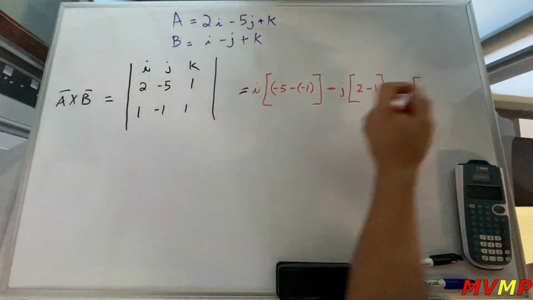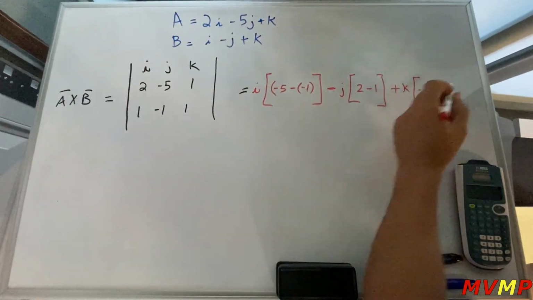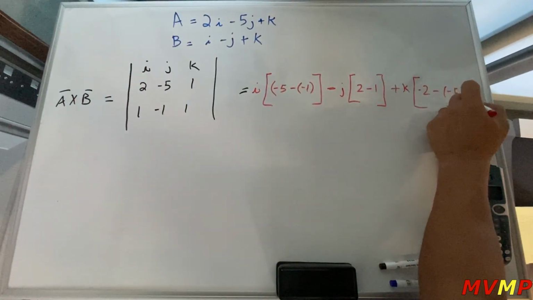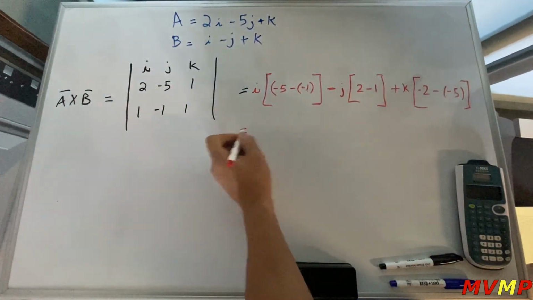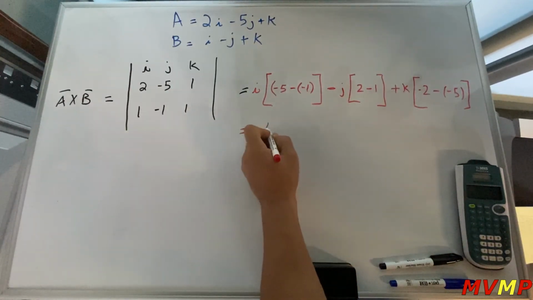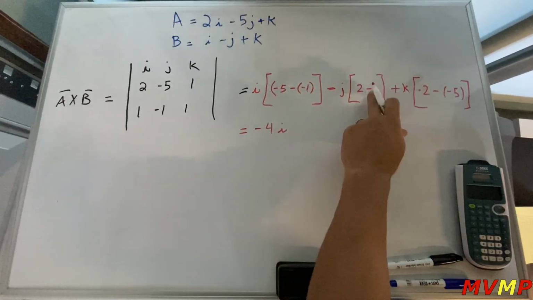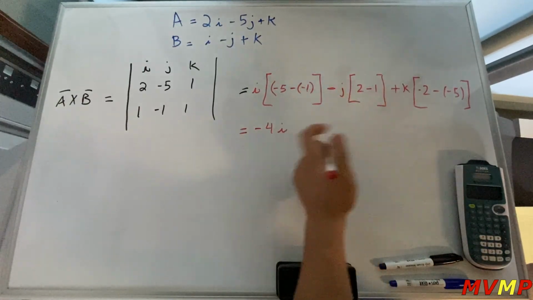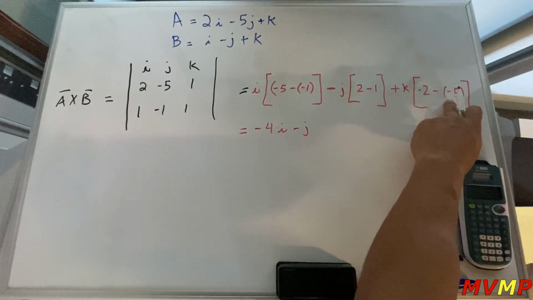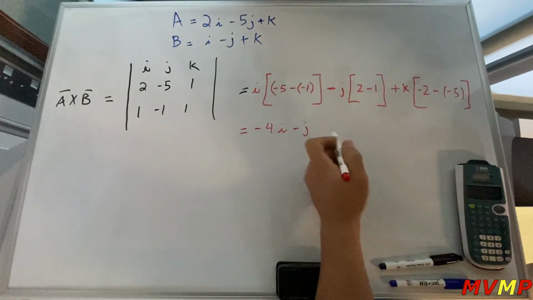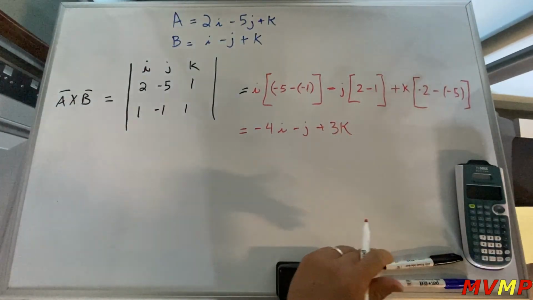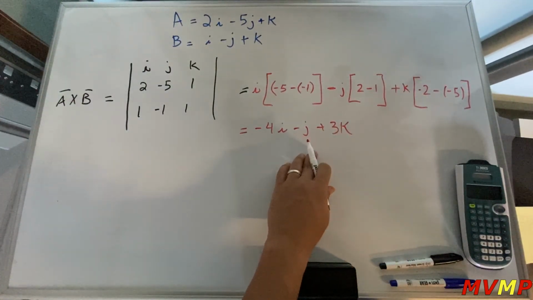So 2 times negative 1 minus negative 5 times 1. So negative 5 plus 1, negative 4. So negative 4i. 2 minus 1 is 1. So minus j. And then negative 2 plus 5 is a positive 3. So plus 3k.